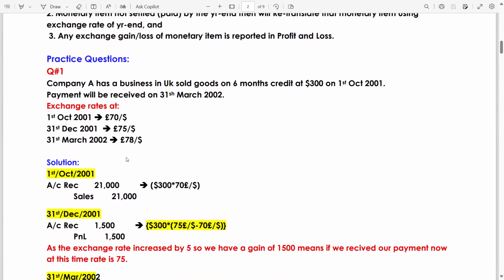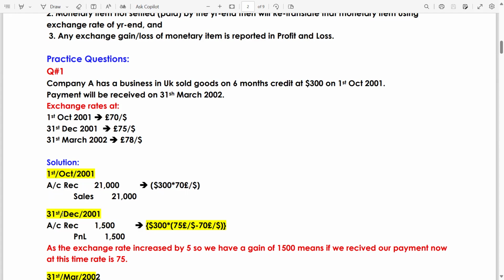The transaction date exchange rate is 70, so you convert it into GBP. This is a direct quote, as 300 is in dollars and the rate is pounds per dollar. If you multiply, the dollar cancels out because the dollar sign is in the denominator. I hope I don't have to teach you this mathematical concept. So 70 multiplied by 300 is 21,000 GBP. Now it's converted into GBP.